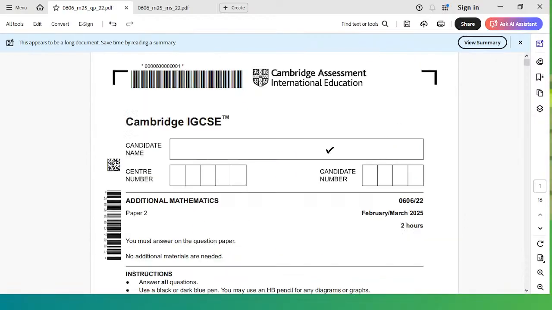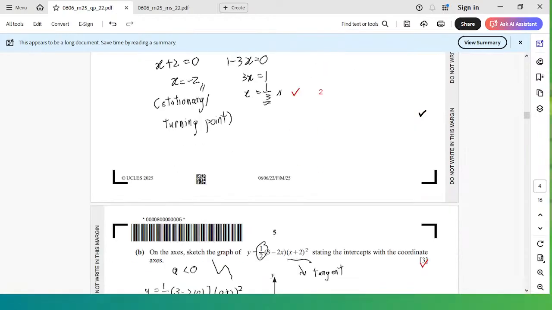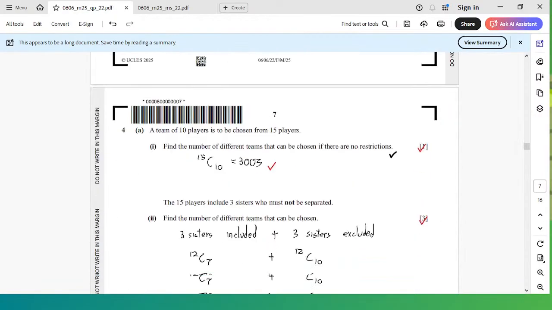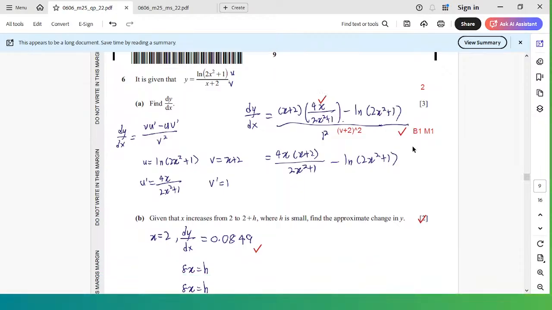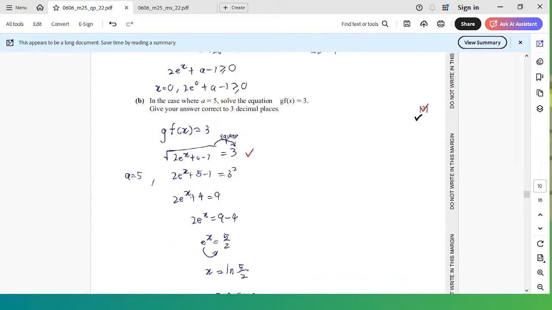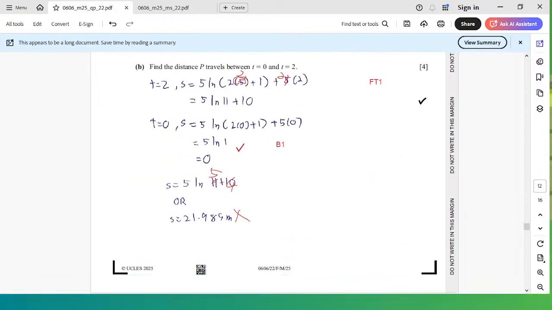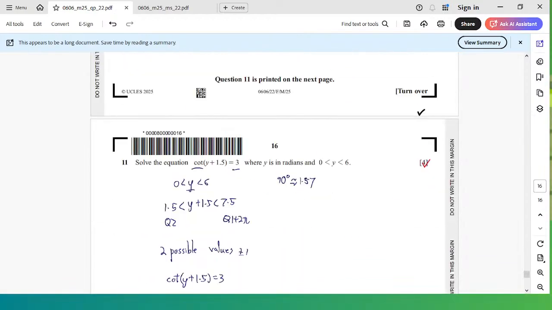So, quick total tally of marks from top right. Here is 8, 12, 15, 17, 21, 22, 25, 28, 29, 29, 30, 32, 34, 37, 38, 41, 43, 48, 52, 52, 54, 56, 57, 67, 71.